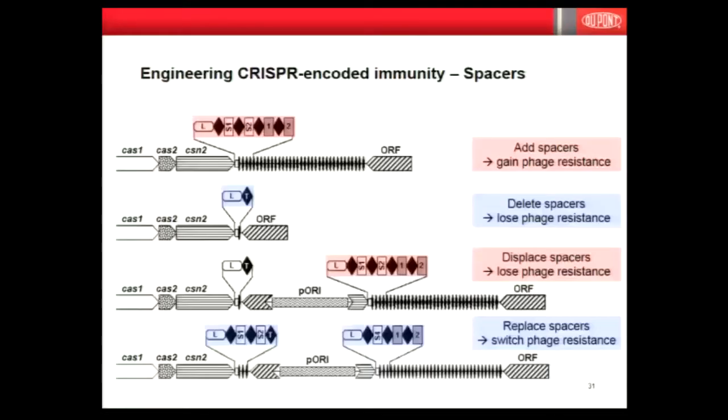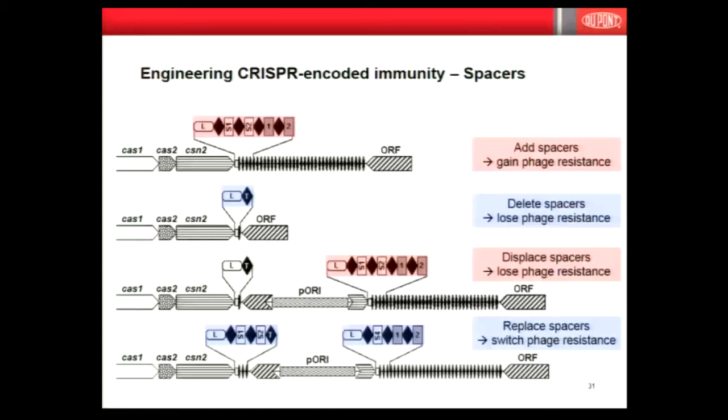So then we wanted to really show that it was the only event explaining this gain of resistance, so we did some genetic engineering. We added some novel spacers in the CRISPR array, and this gave additional resistance. And when we removed the spacer content, obviously we lost the resistance. It was also confirmed that when the CRISPR array was separated from the Cas genes, we lost the effect of resistance.